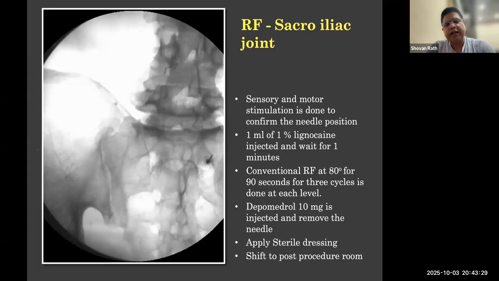And almost 80 to 90 degrees for almost 1.5 minutes is sufficient. You may go for 1 to 2 cycles at 3 levels. So this is what covers our sacroiliac joint radiofrequency ablation.